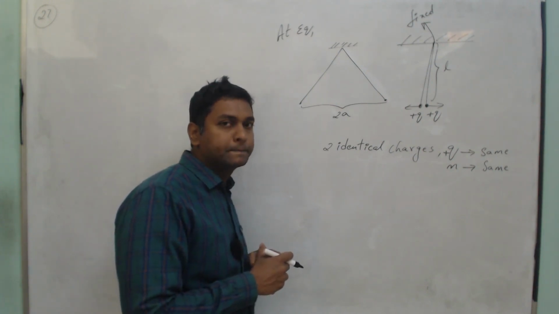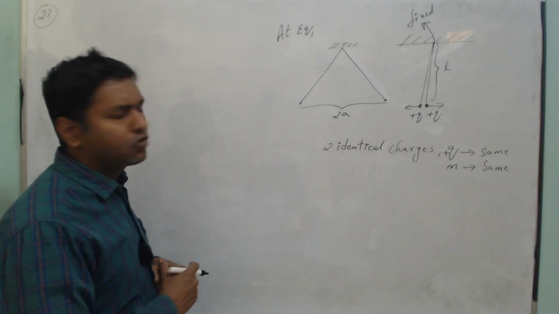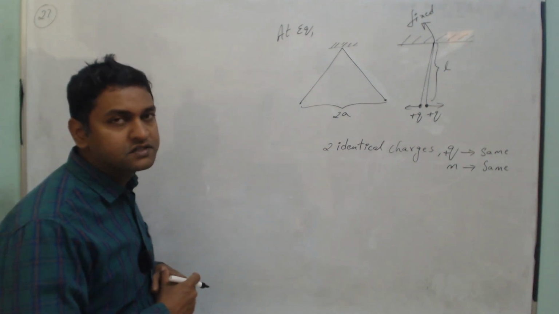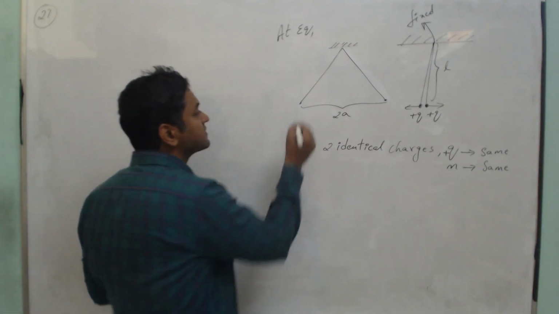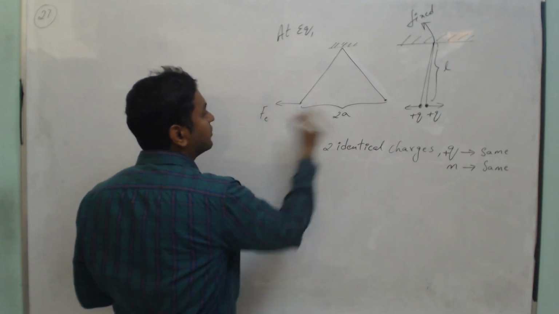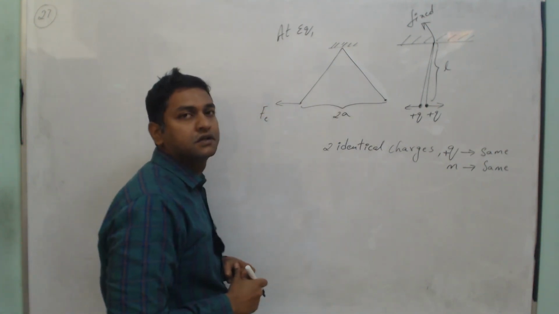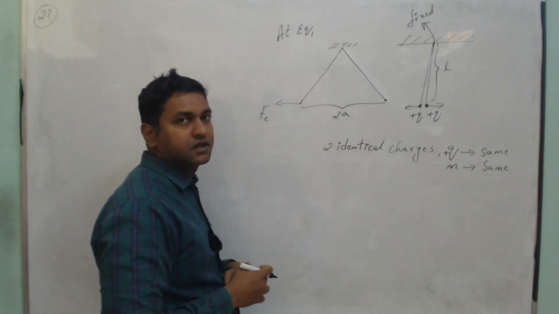Fine. So first we have to identify what all forces are acting on these charges, right? In this case, one is electrostatic force due to the other charge, away from the other charge, correct?